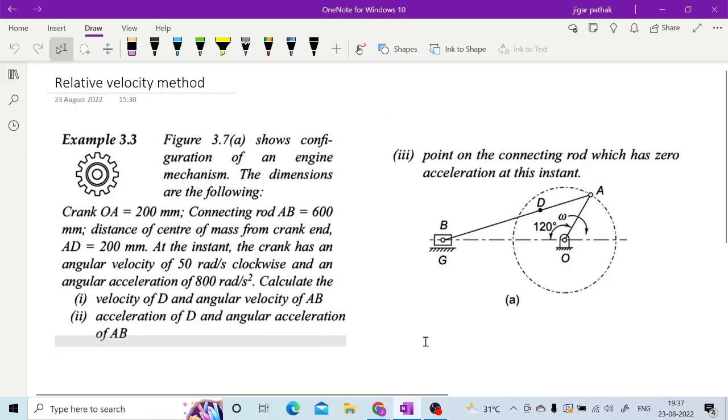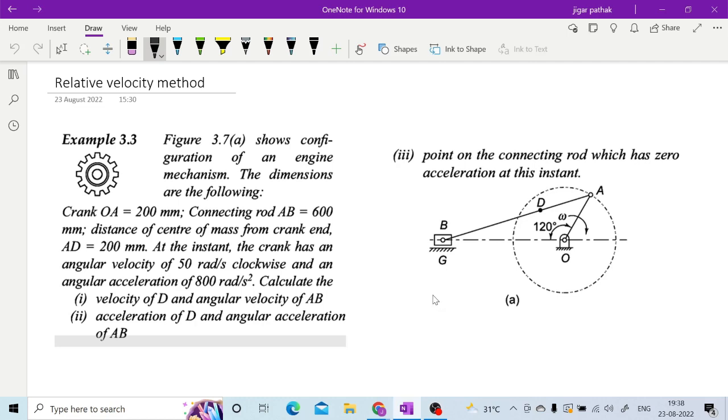In the relative velocity method, whenever you have a rigid body, it will have relative motion between points on the same body. As we have seen in the instantaneous center of rotation, in the relative velocity method we will see how one rigid body has relative motion about the center of rotation or the fixed pivot about which it is rotating.